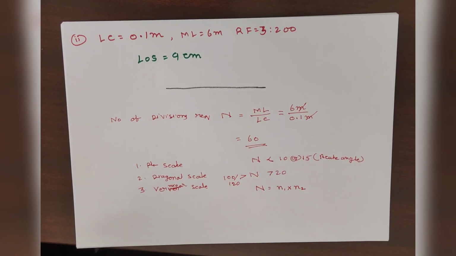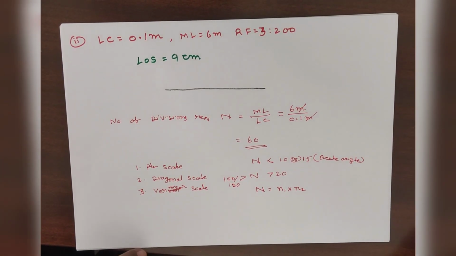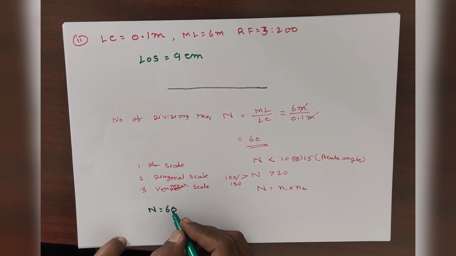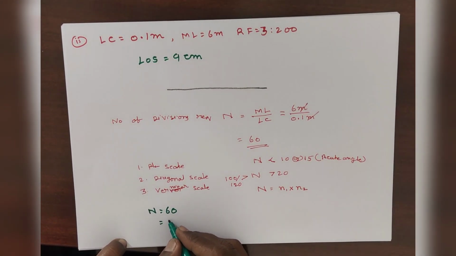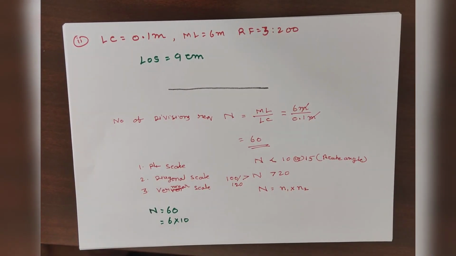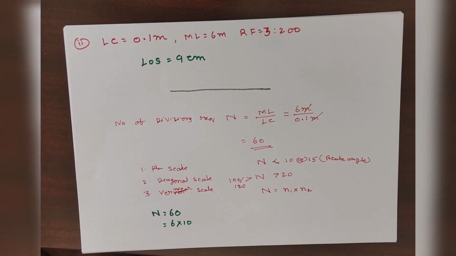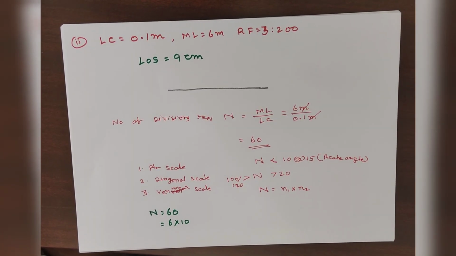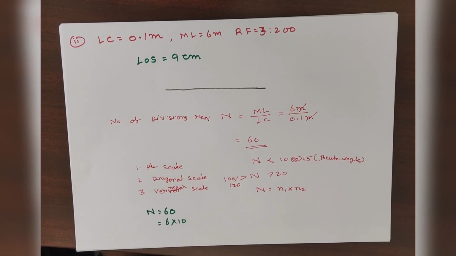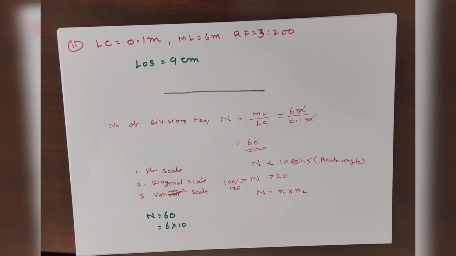So in my problem, what is the n value I have, sir? 60. Therefore, can I write it as 6 into 10? Yes, sir. So is dividing a line into 6 parts difficult for us? No, sir. Is dividing a line into 10 parts difficult for us? No. In such a situation, it is considered a plane scale.